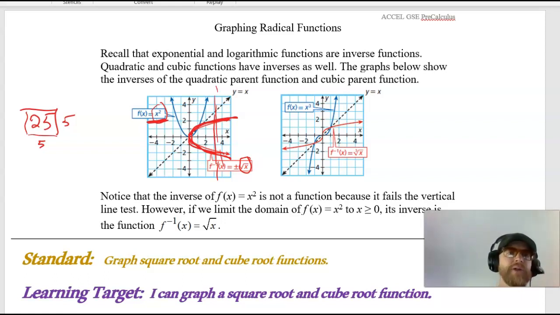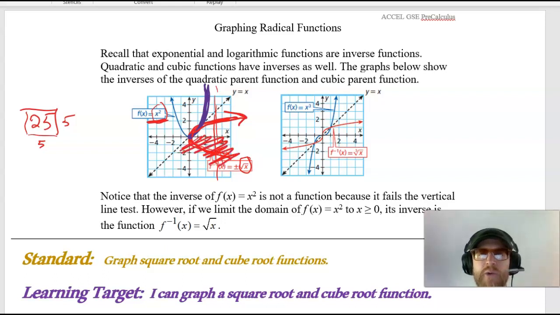Let me show you that in blue. If I take just half of x squared, the positive half, and I invert it, and I swap x and y, I will get a graph that looks just like the top portion here. I'm crossing out this portion.